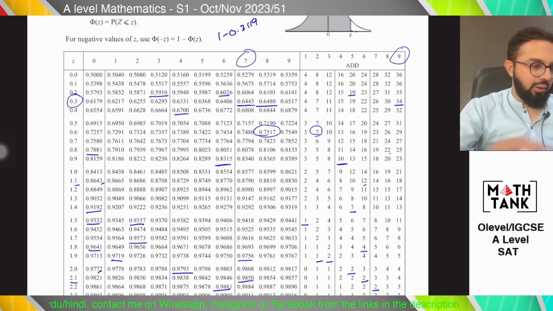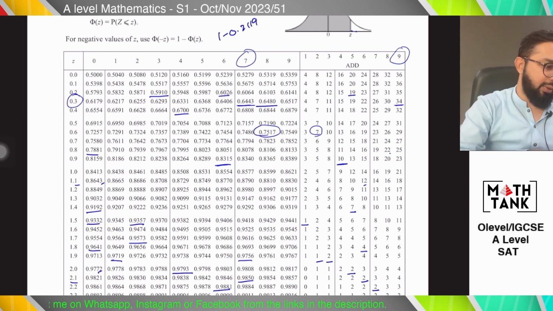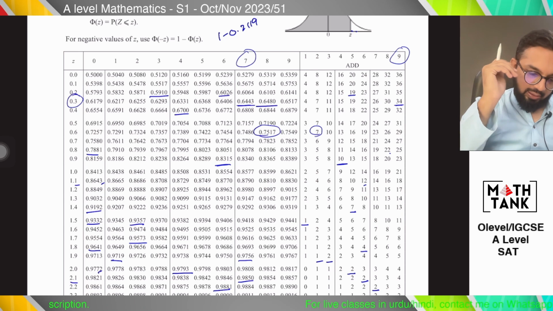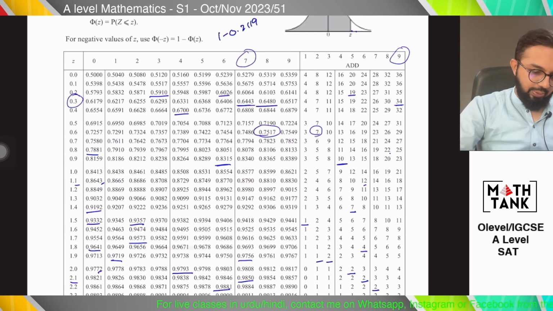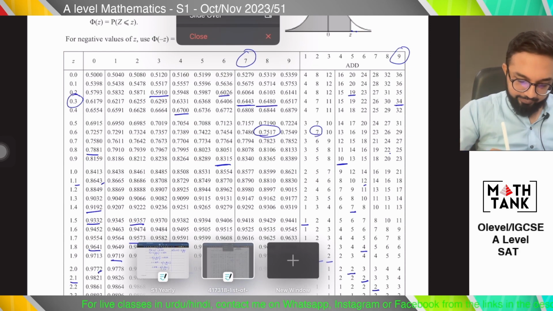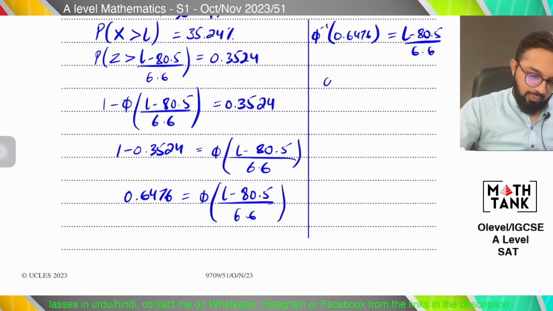We've rounded off a little. I don't know what my calculator will give me. I am hoping that would be correct as well. For 0.6476, the calculator gives 0.3788. 0.379 should be the right answer.